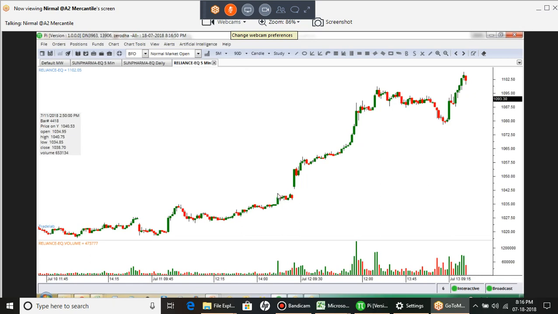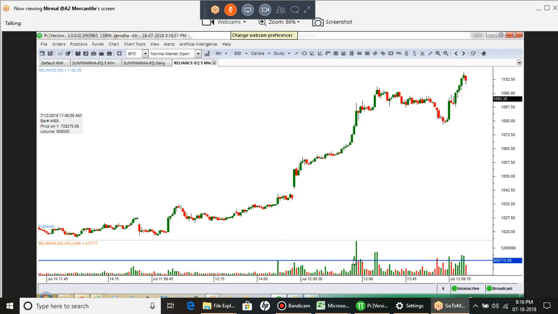So this was the highest volume. Volume got taken out, breakout, price is moving up, breakout, right? 1140. This is the place.